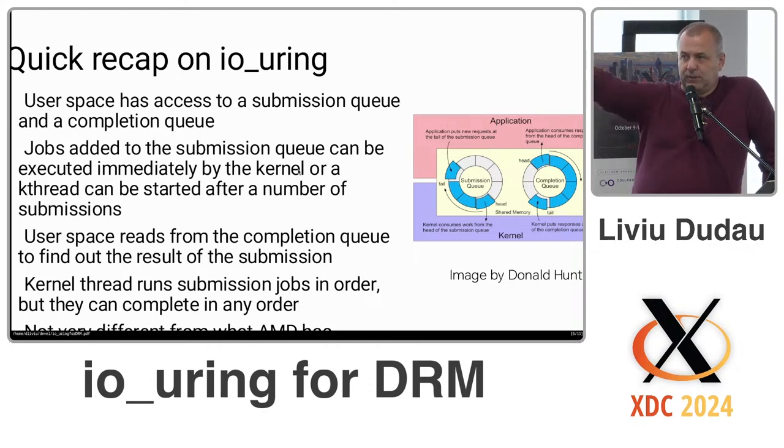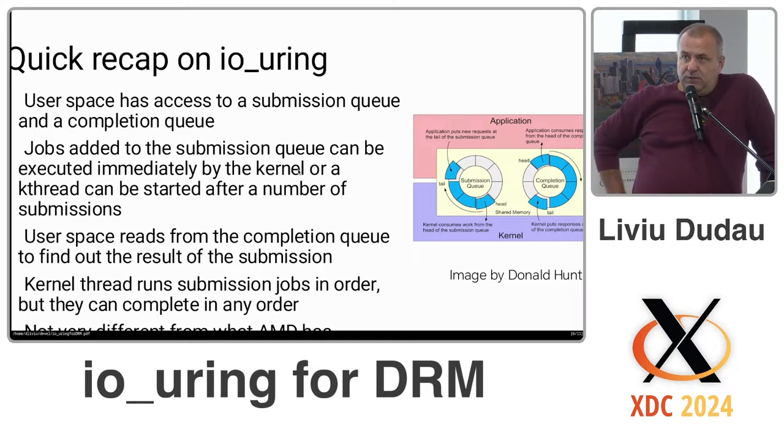Or you can do a number of submissions and say, I want on this submission to wait for X results to happen. Or you can wake up a kernel thread to do the work for you. And the kernel thread will put the results on the completion queue, and they're out of order, so you can complete stuff whenever and parallelize jobs.